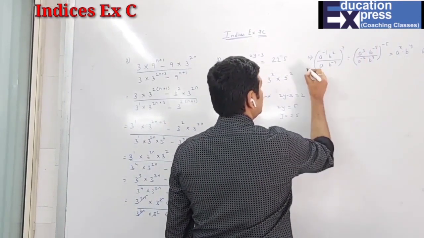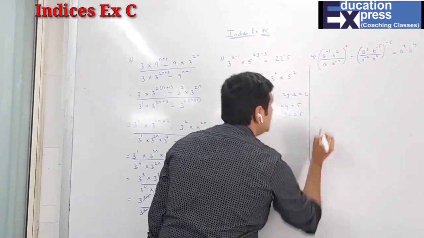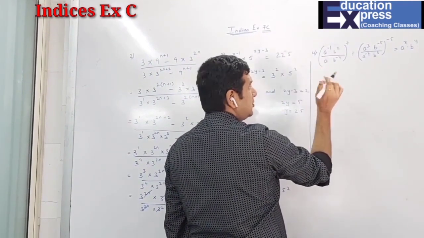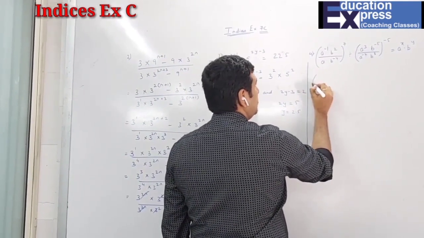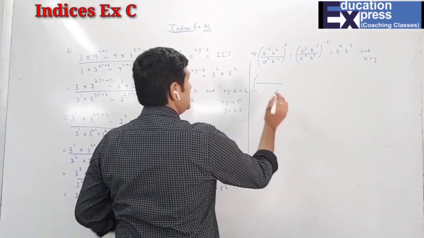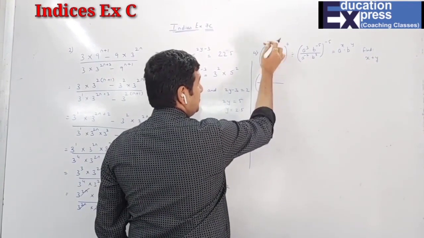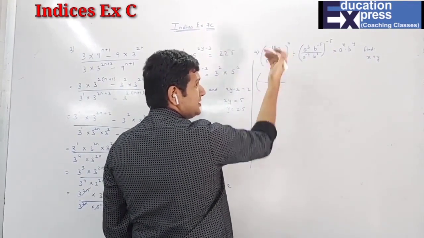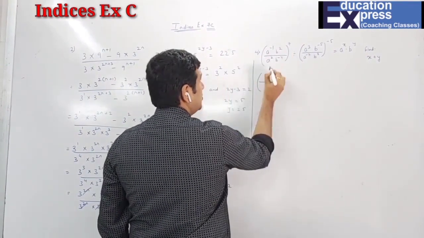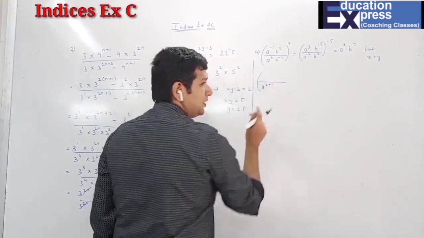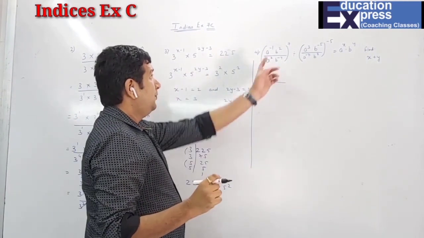Dear students, you can see that inside the bracket and bracket there are same base with negative and positive power. So obviously first what you do is you make the power which is negative positive. So now here this is negative, so this will be reciprocal. After we have a reciprocal, the sign will change. So this a square will be here and minus 1 will become plus 1. You have to reciprocal the power which is negative.